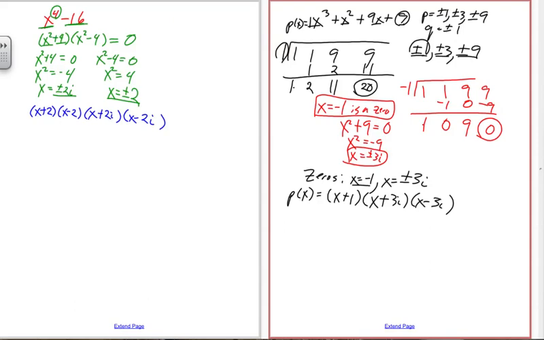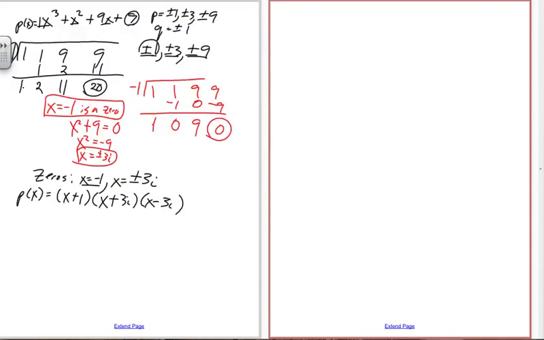Okay, now, we could also have done the same thing, but using grouping with this one. This shows you how to get it with rational root. But let's go in and do this using grouping. So p of x is x cubed plus x squared plus 9x plus 9.